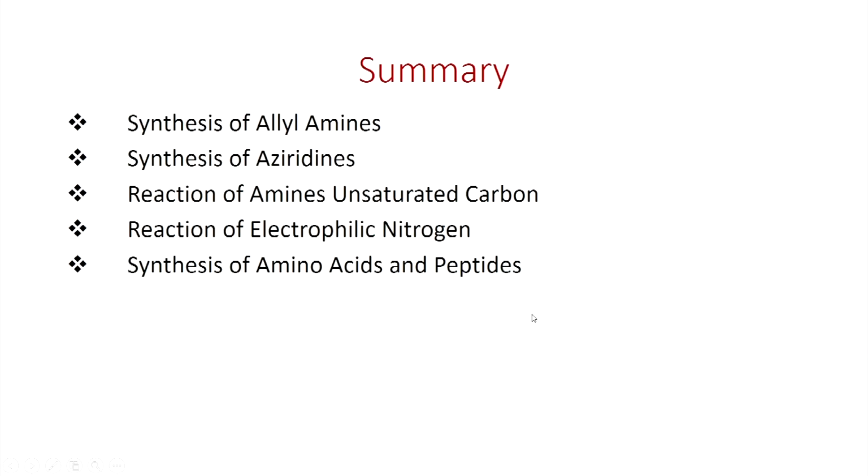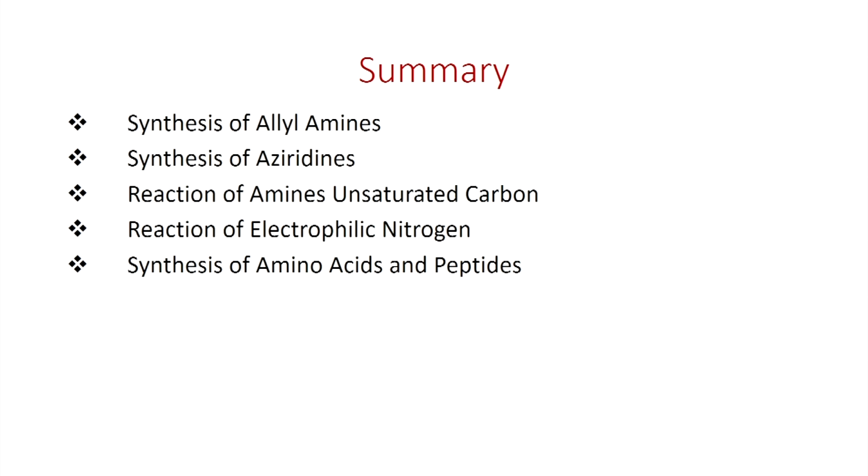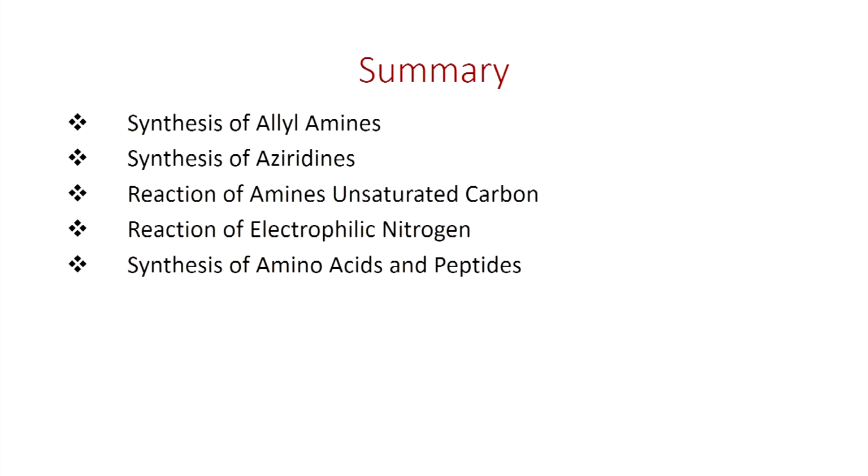In summary, today in the first part we have seen the synthesis of allylamines, aziridines, and the reactions of amines with unsaturated carbon systems. If you look at all these reactions, they involve amine as a nucleophile, which can readily undergo addition reactions with carbon systems to give a carbon-nitrogen bond.